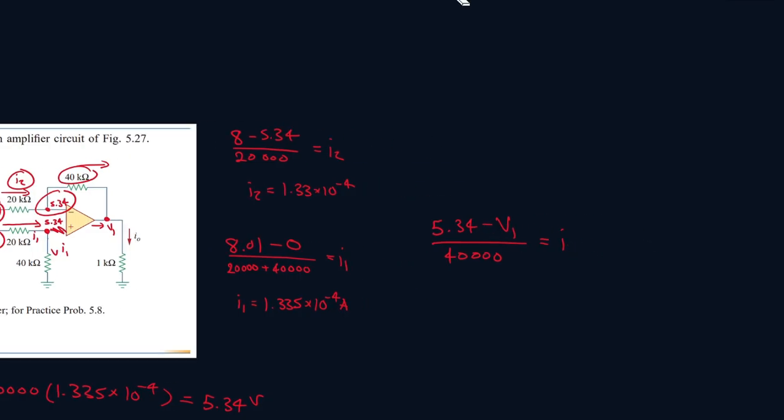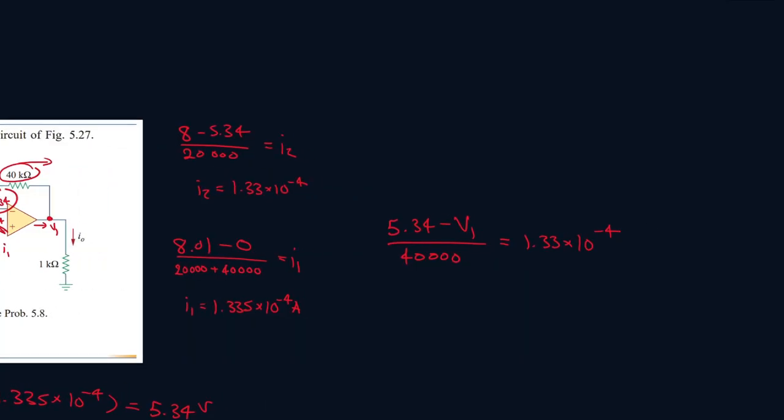And I2, recall, was 1.33 times 10 to the minus 4. So let's solve for V1. And you should get a value V1 equal to 0.02 volts, okay?